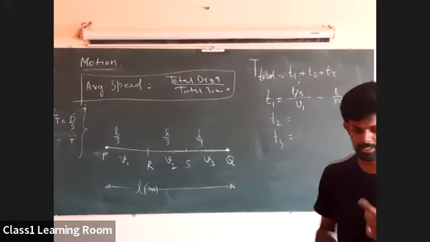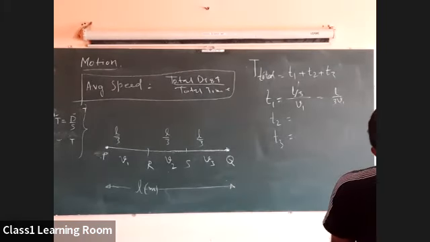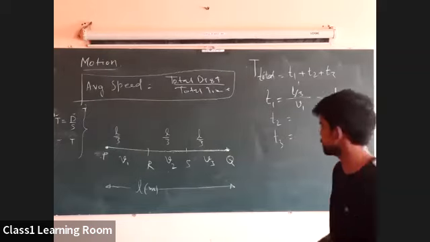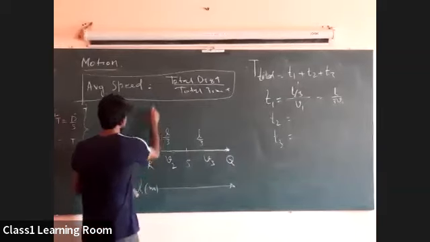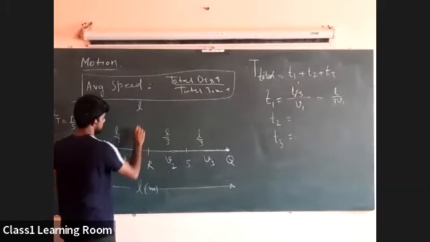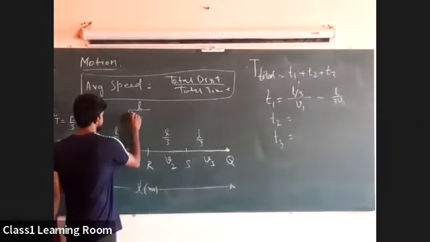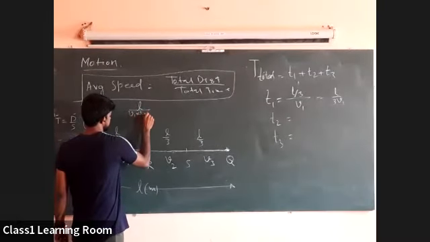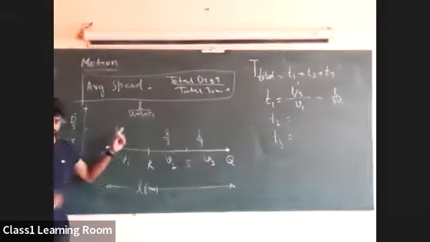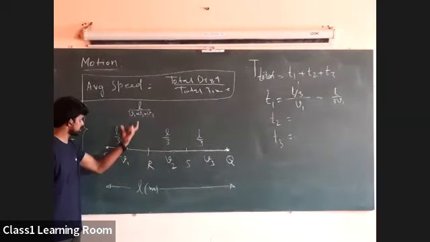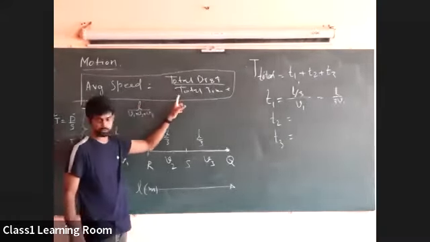Okay, you tell me your doubt. So see, you are saying this total distance is given L, divided by total velocity, you are adding V1 plus V2 plus V3, right? What's the definition? Total distance by total time.